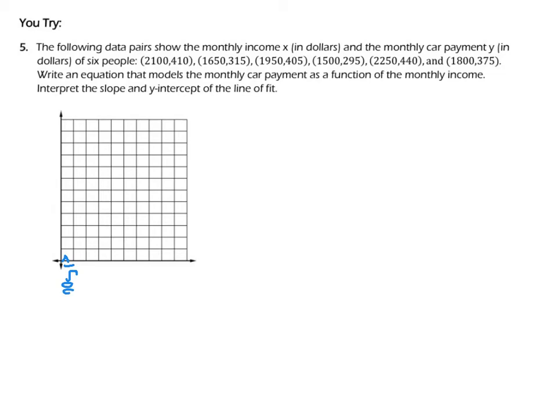So 1,700 was 2 lines over. And then 1,900, and I continued labeling that way. I also decided to make a break along my y-axis, so that I didn't have to start at 0, and I started at 280, and I went by 20s.